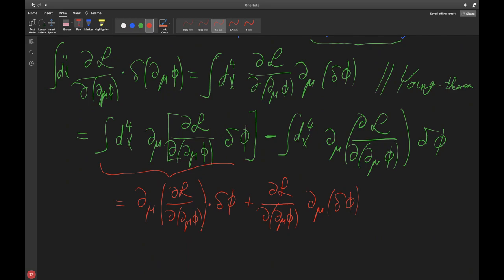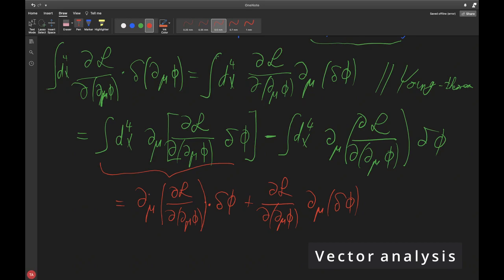So when something like this happens, it is called a full divergence, that we are really doing the derivative of a function. And we can use the Gauss law for that. When you have a divergence term in an integral, then, if you don't know this, you should watch the math background video. This is the vector analysis part.